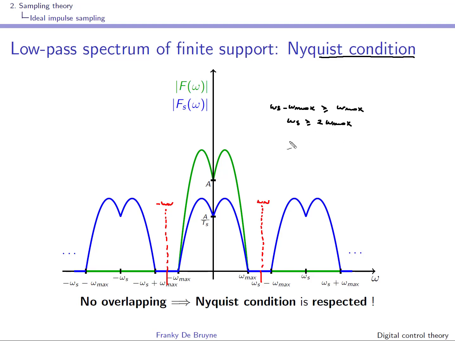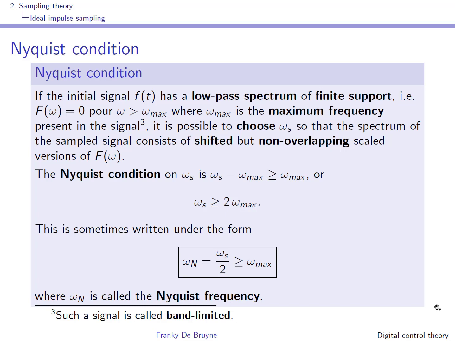And this Nyquist condition is often written in terms of the Nyquist frequency, which is half of the sampling frequency, and the Nyquist frequency should be larger than omega max. So it should be larger than the maximum frequency that is contained in your signal. So this is the summary on the Nyquist condition.